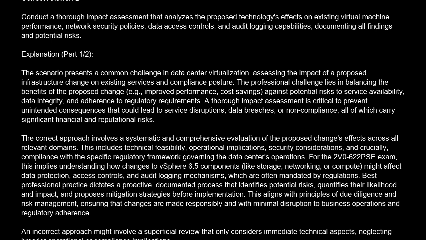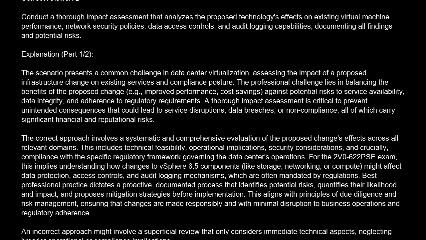The professional challenge lies in balancing the benefits of the proposed change, e.g., improved performance, cost savings, against potential risks to service availability, data integrity, and adherence to regulatory requirements. A thorough impact assessment is critical to prevent unintended consequences that could lead to service disruptions, data breaches, or non-compliance, all of which carry significant financial and reputational risks.